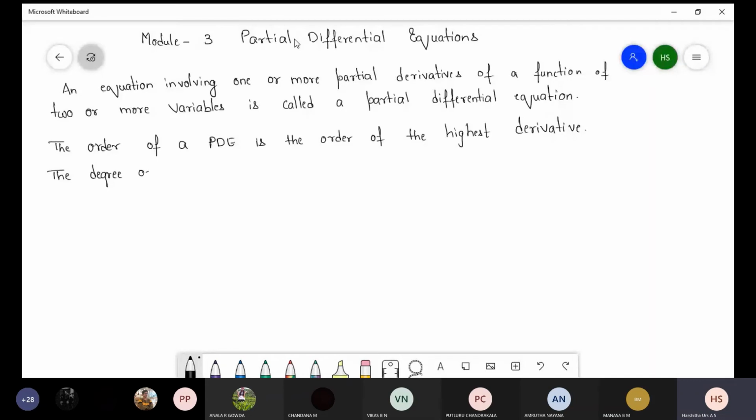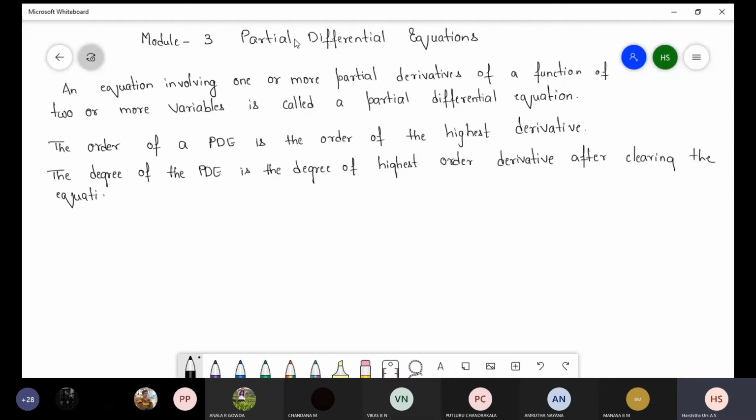The degree of the partial differential equation is the degree of the highest order derivative after clearing the equation of fractional powers.